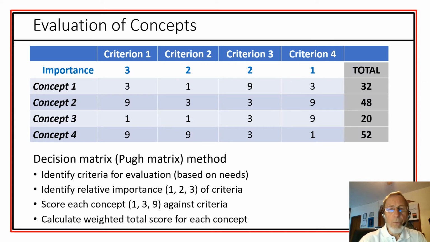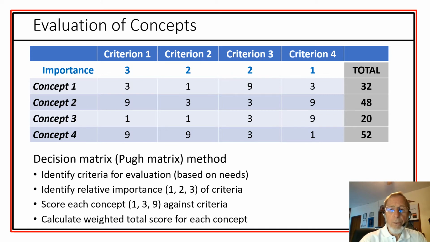From the scores that we've identified, we calculate a weighted total score. That's simply taking the score, say for concept number 1, under criterion 1 we have 3 points, so it was kind of a mediocre meeting of that criterion. Take that 3 points, multiply by the importance of 3, gives you 9. Then going to the second criterion, it was scored 1, multiplied by 2 for importance, that gives you 2 more points.